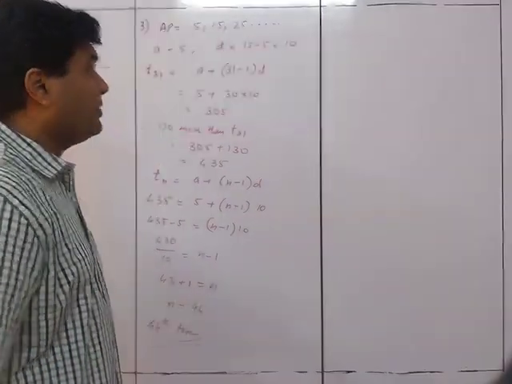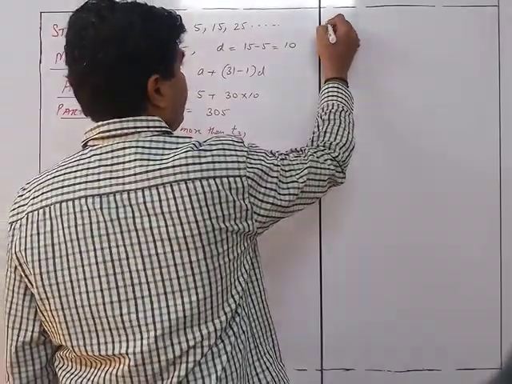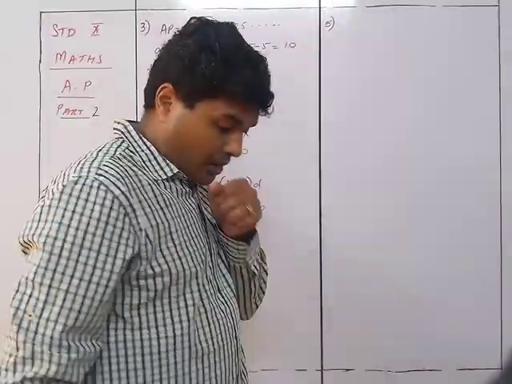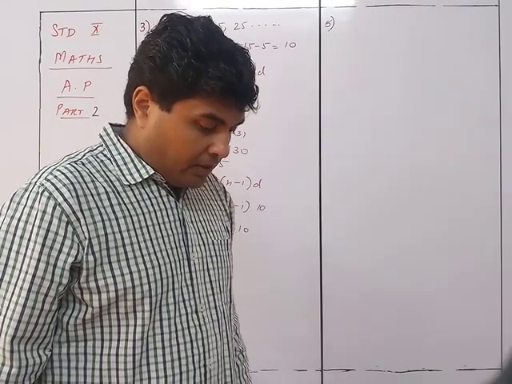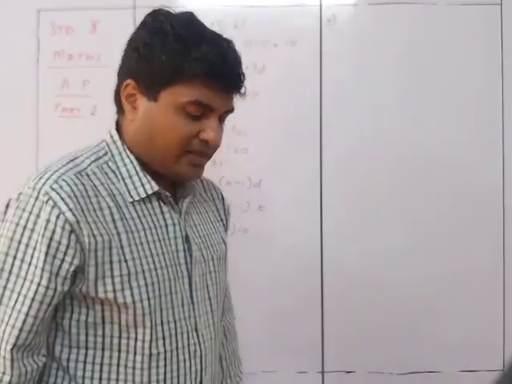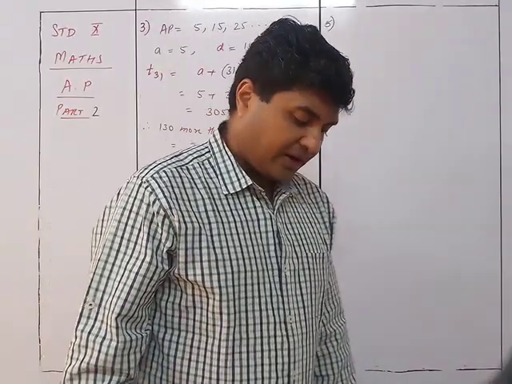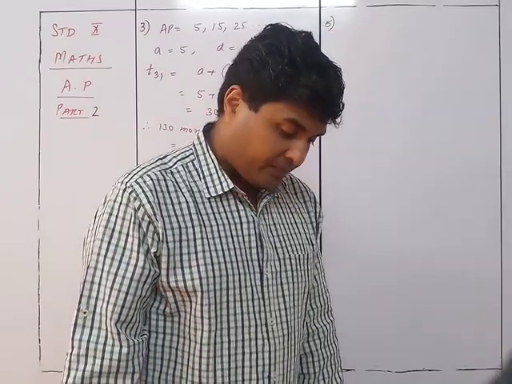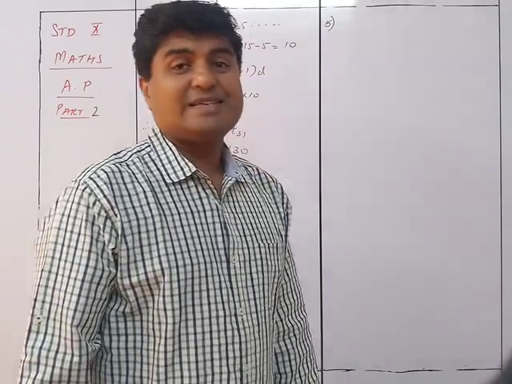We move on to sum number 5. If the third and the ninth term of an arithmetic progression are 4 and minus 8 respectively, which term of it is 0?